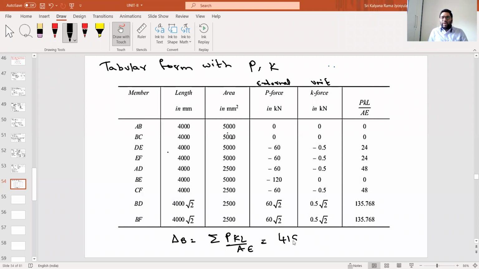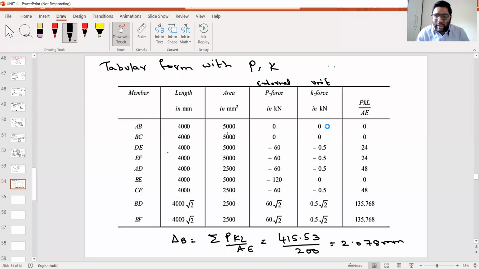When we add all the values, we get 415.53, the total divided by E, that is 200. The units are all the same, we have used common units. So that is equal to 2.078 mm. This is how we need to calculate the deflection.